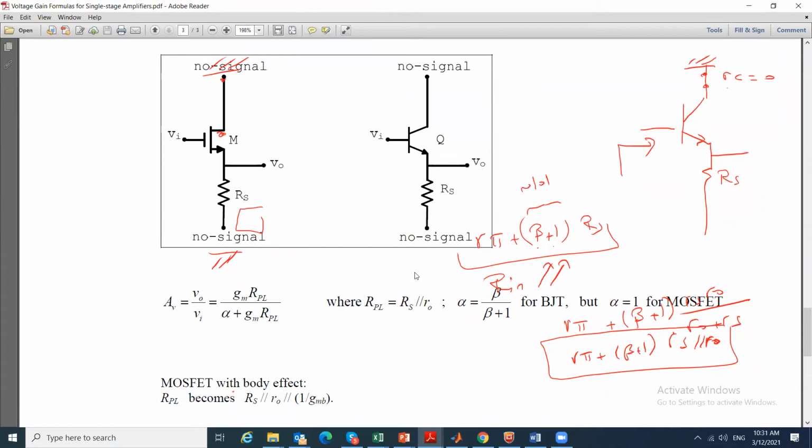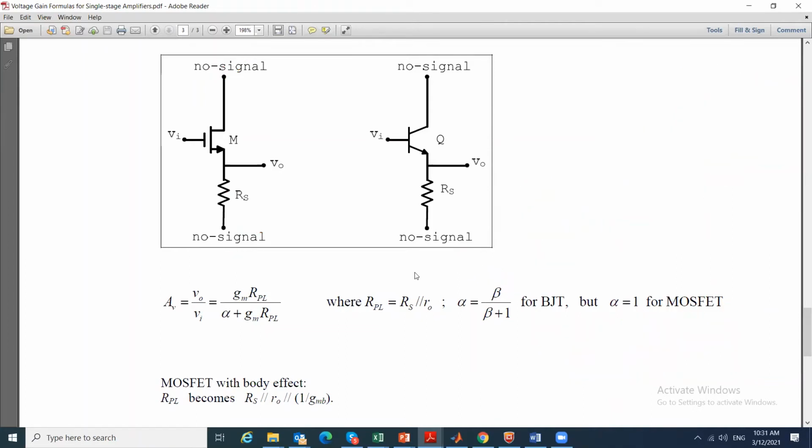And this is good in what scenarios? Like we explained before for the current, if I have a small R load, and I have here a circuit that has a large RO, or a large R sig, and this is my signal, I would really want to interface this with a large Rin, so that most of the signal will transfer to Vin.